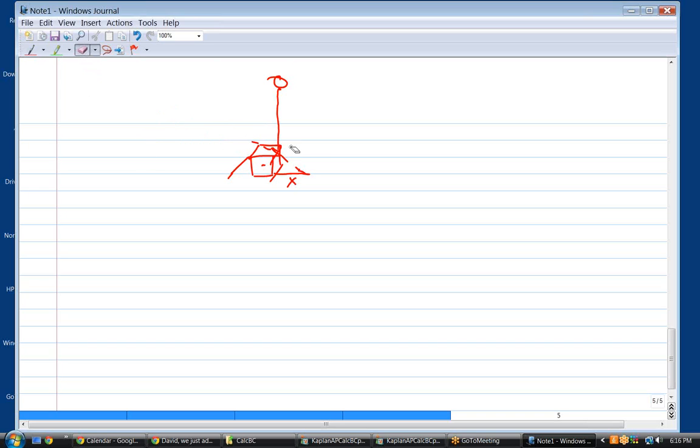Let's redraw this. I'm going to put the flashlight directly over the cube. Do we know the dimensions of the cube? 2 inch by 2 inch by 2 inch.